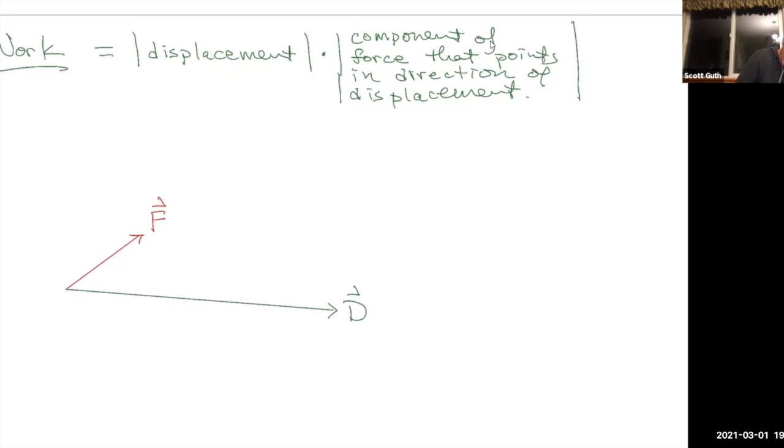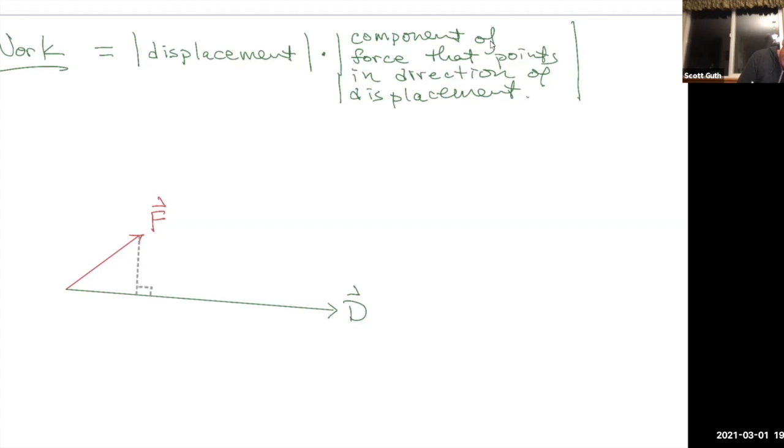And then what I really want to do is look at the component of force that's pointing in the same direction as displacement. So maybe I could just kind of cast a shadow here. So first things first, let me draw a shadow vector like this, and I want that to be perpendicular to displacement, like that.